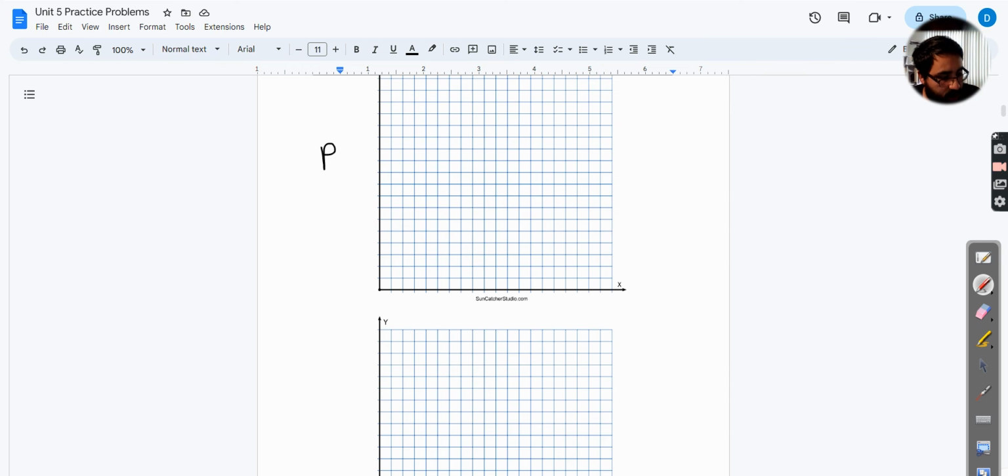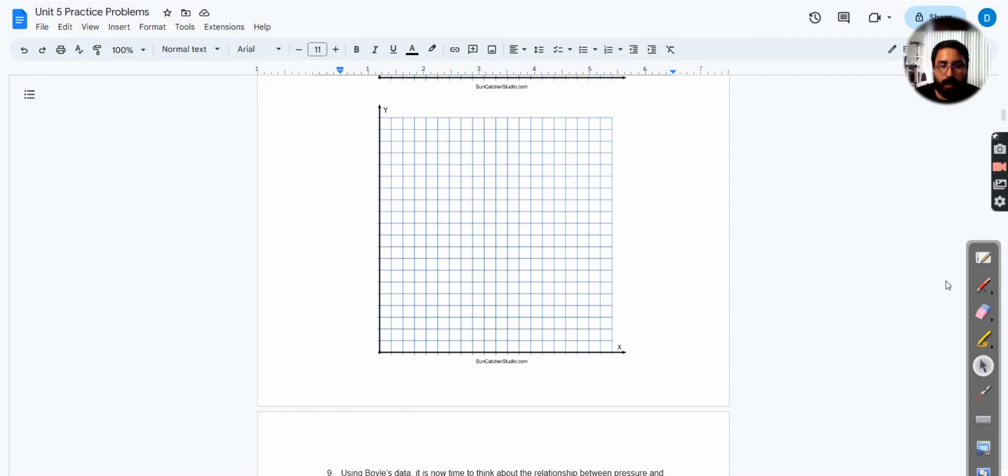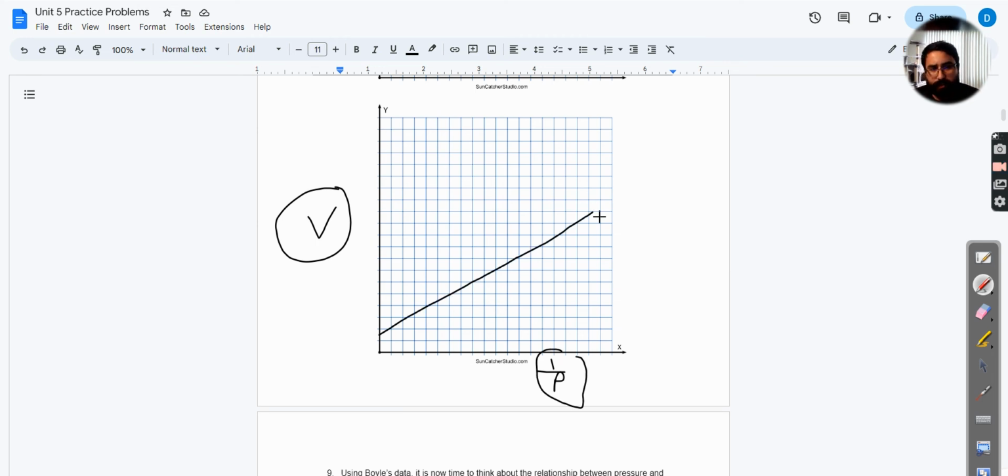So your pressure is going to be on the y-axis, and your volume is going to be right here. And in the bottom one, it's going to be your volume here, and then 1 over pressure on your x-axis. And what I want you to really see is this graph, how it becomes a straight line.